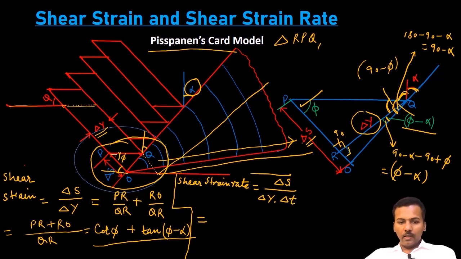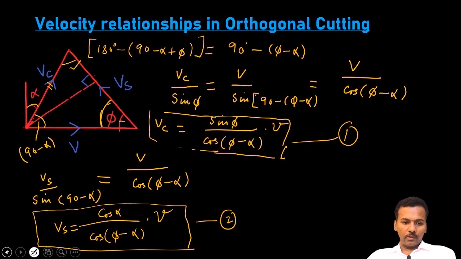Now delta S divided by delta t can be taken as the shear velocity, Vs. So this can be written as Vs upon delta Y. Vs in terms of V we have already calculated: Vs upon V equals cos alpha upon cos of phi minus alpha.